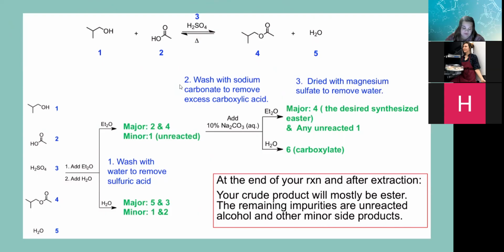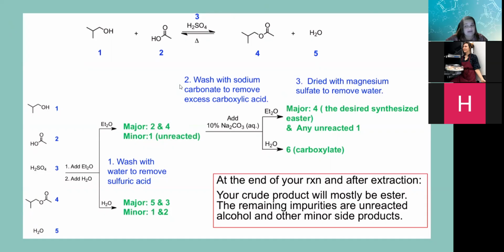You end up having 2 and 4. So your carboxylic acid will mix with your alcohol. When carboxylic acid and alcohol mix with a little bit of acid, you get your ester. 4 is the goal here. We want to separate 4 from everything else. So we should definitely have 4. That should definitely be one of our products.